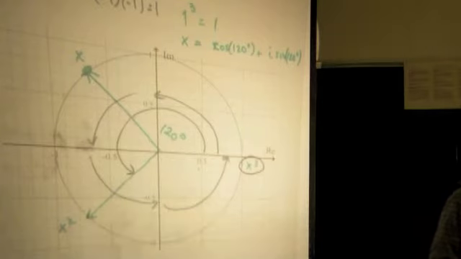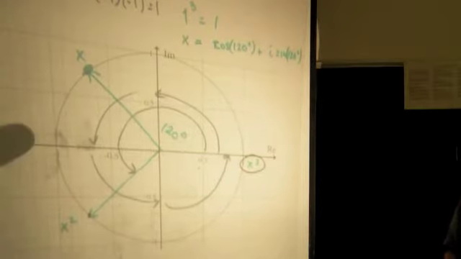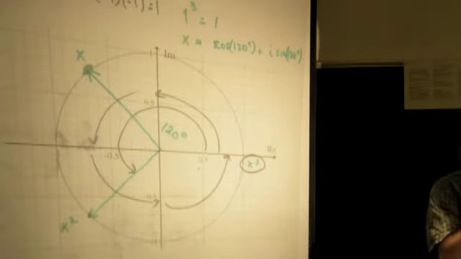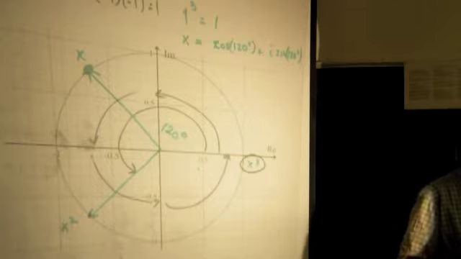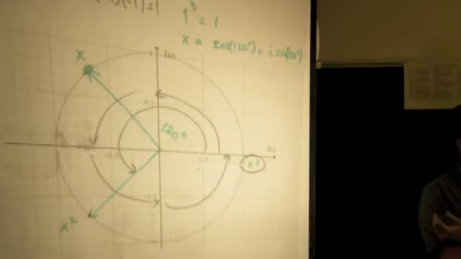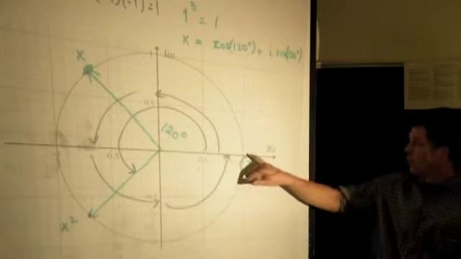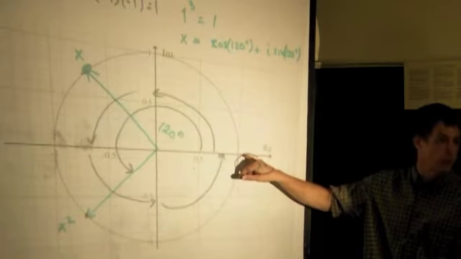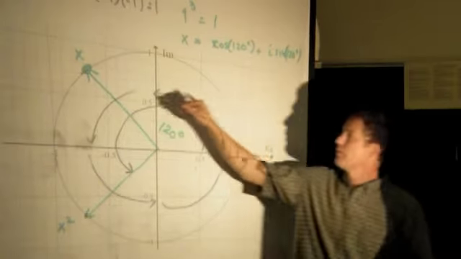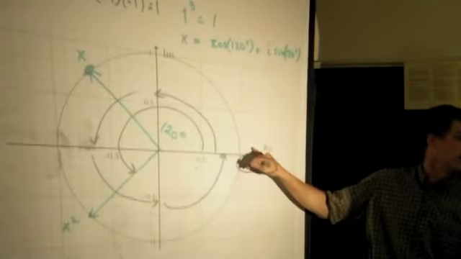So I is a 4th root of 1. -1 is another 4th root of 1, because -1 times -1 times -1 times -1 is 1. -I is another 4th root of 1. And 1 is a 4th root of itself, because 1 times 1 times 1 times 1 is 1. But there are 4 different 4th roots of 1.